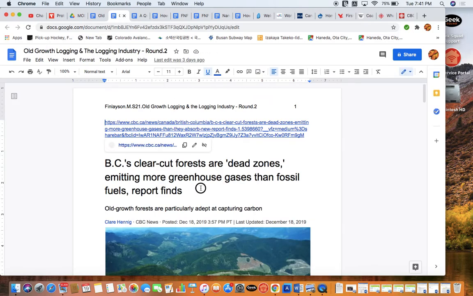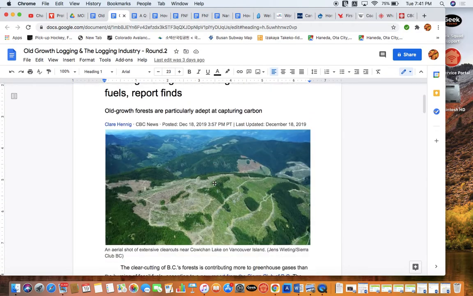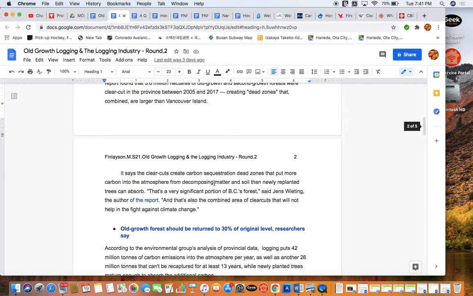Maybe you're looking at this, the round 2 resource about how when we cut down or clear cut sections of mountains or forest, they become dead zones and they actually release more greenhouse gases, more CO2 than was expected. And in fact, it's a very negative aspect of clear cut logging. So let's say that we wanted to borrow a fact or use some information here.